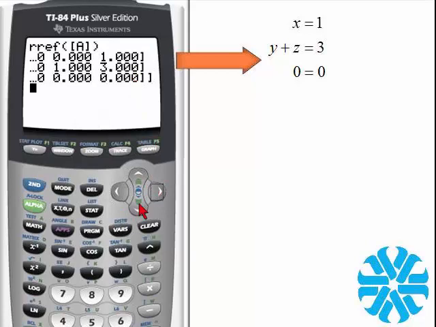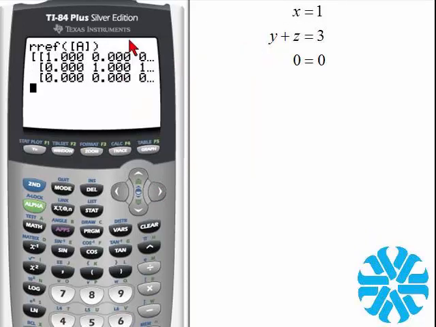And then finally the third row, you can see that the left-hand side has all zeros, so 0x, 0y, and 0z is equal to 0. Now we have a true statement here for the third equation, and that says 0 is equal to 0. That is indeed a true statement, and this tells us that there are going to be infinitely many solutions.